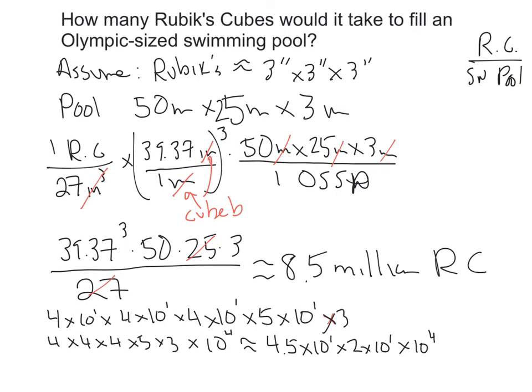And what we're going to get is 2 times 4.5 is 9 times 10 to the 6th. So this is approximately 9 times 10 to the 6th, which is a pretty good ballpark number equivalent there. I hope this has helped.